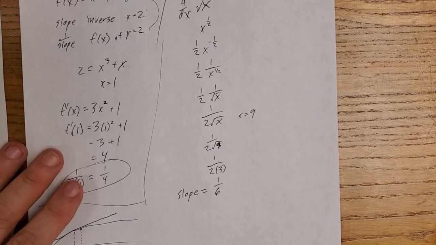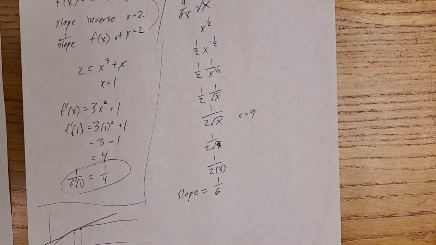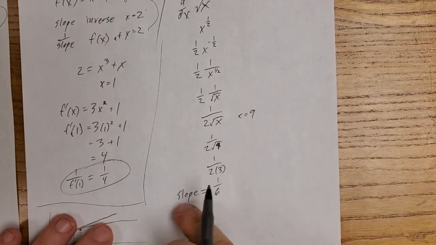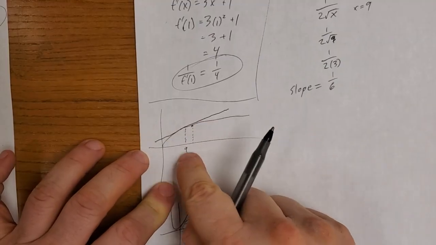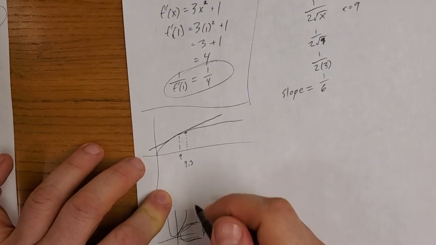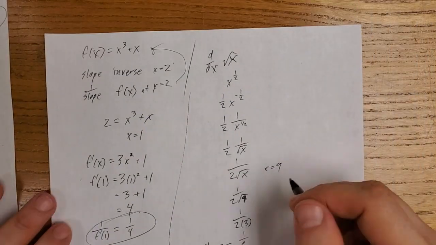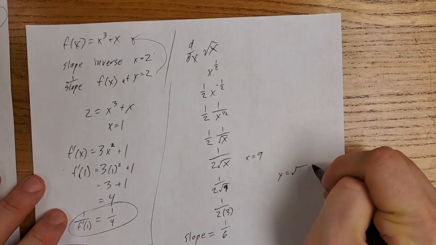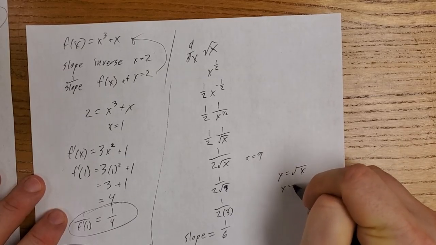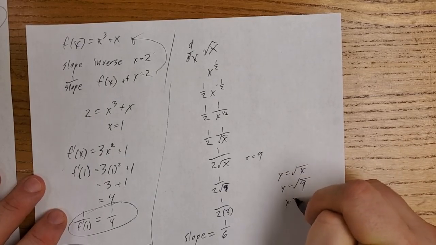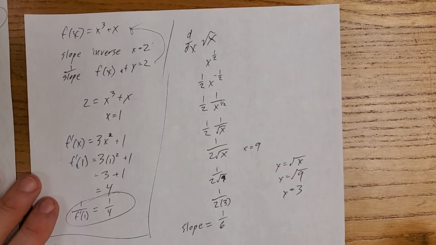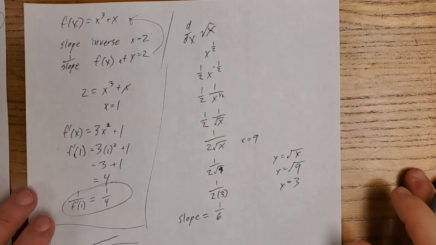And at this point, we also need to know the y value, the point on that graph at 9. Well, y equals the square root of x, so at x equals 9, the y value is 3.